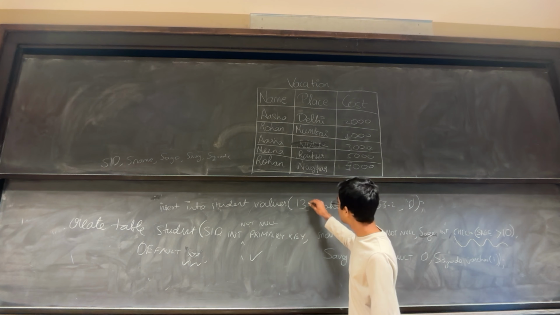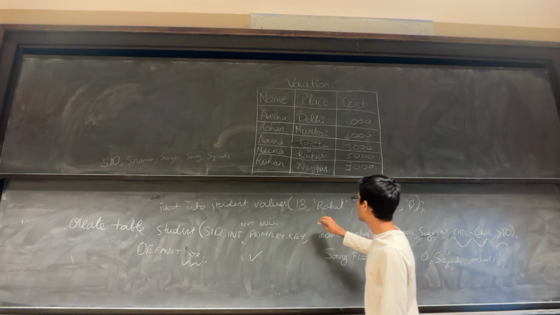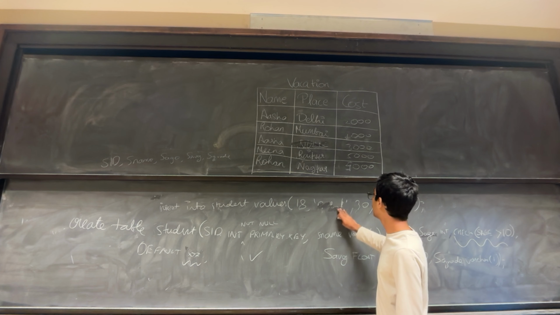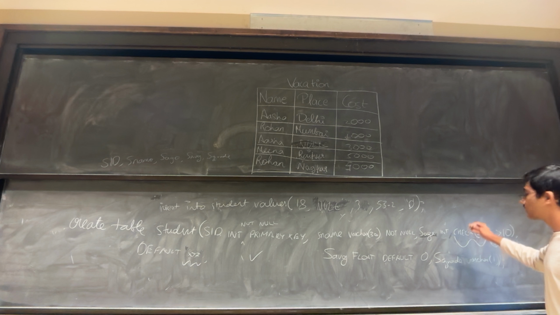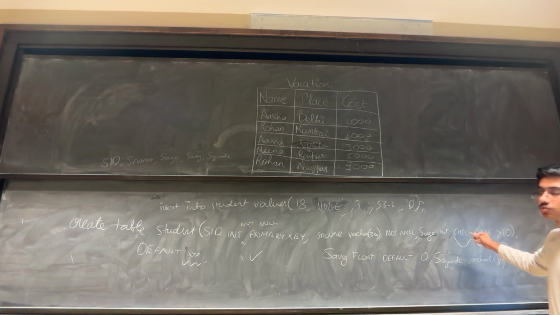Now, if I was to change that into an 18 and have my name as null, this would still lead to an error because I have told it that my name cannot be null. So this is also not acceptable. Okay. If my age over here was 3, it would still reject the input because the condition being checked, that age is greater than 10, has to be true.